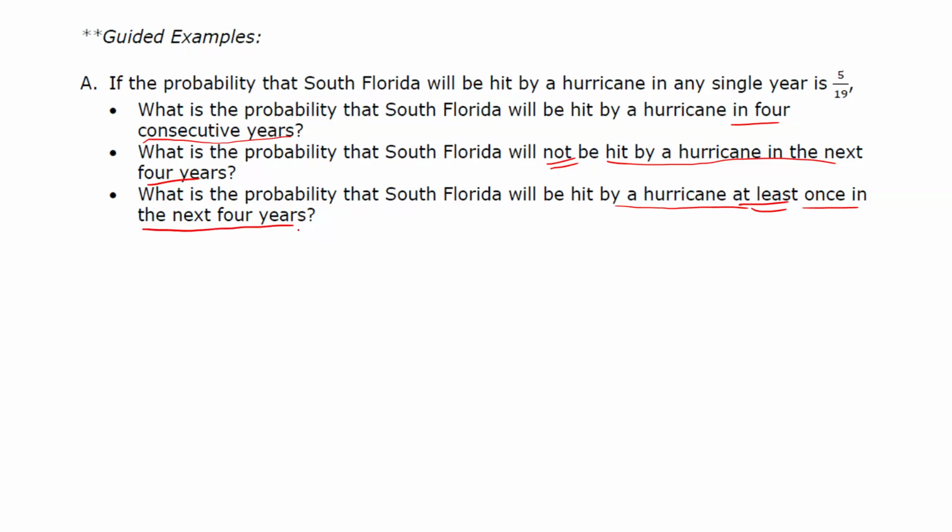Okay. So for the first one, we know that the probability of South Florida being hit by a hurricane is 5/19. So the probability that South Florida will be hit in 4 consecutive years would be 5/19 times 5/19, because that's year 2.